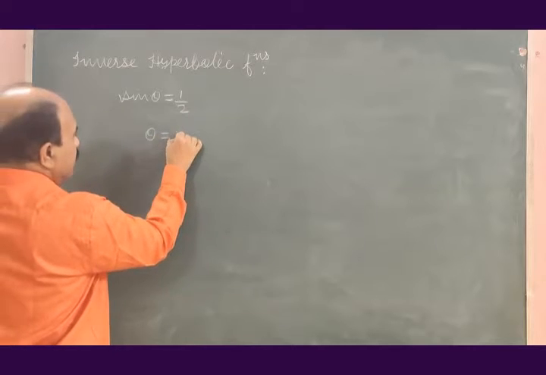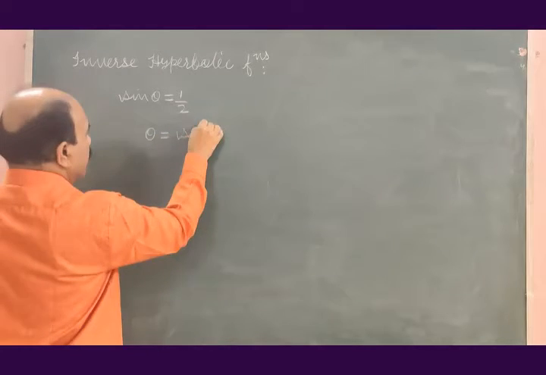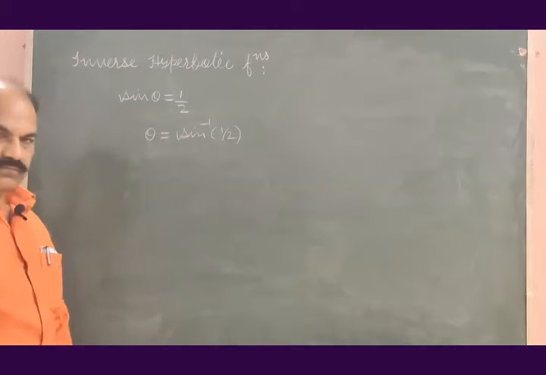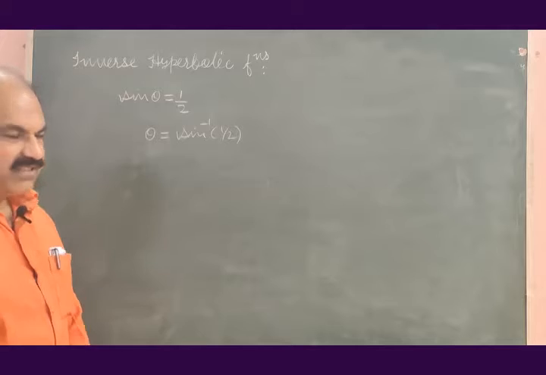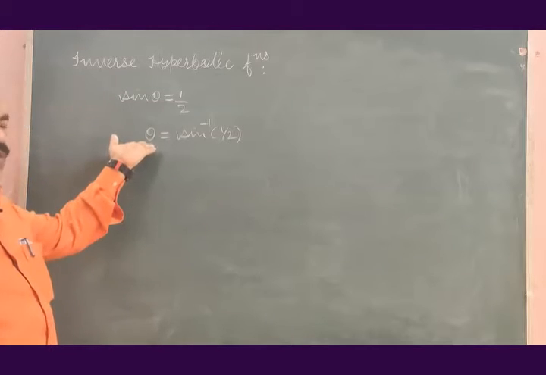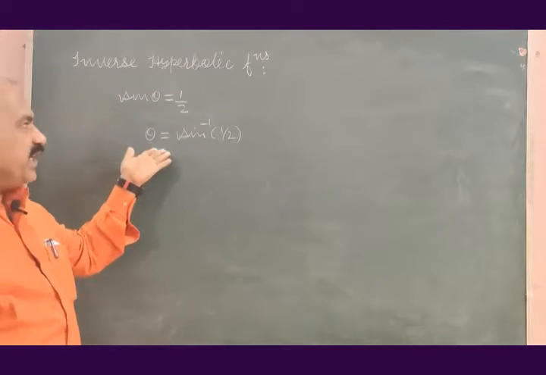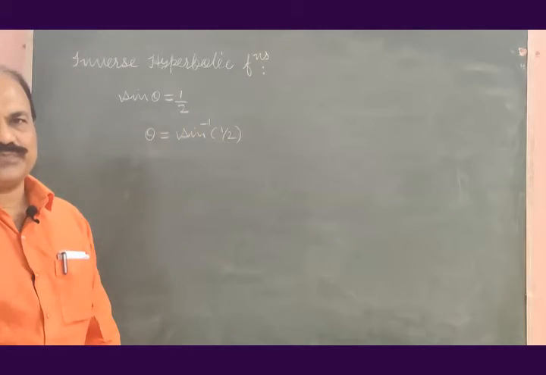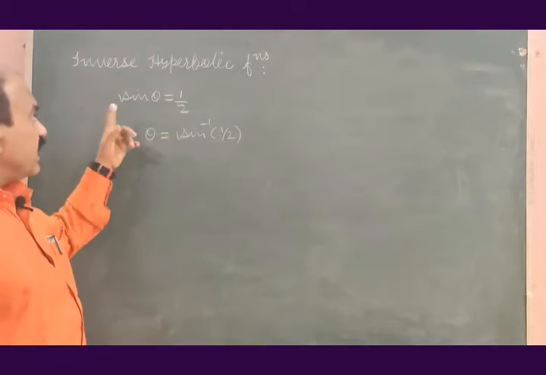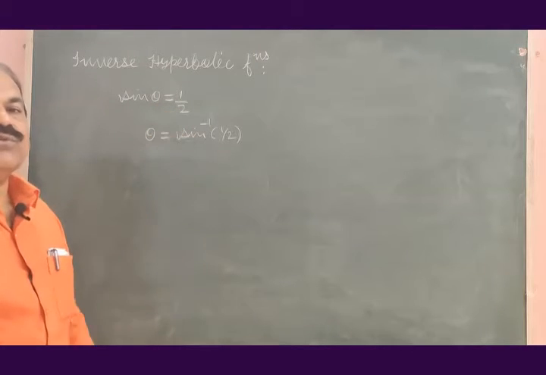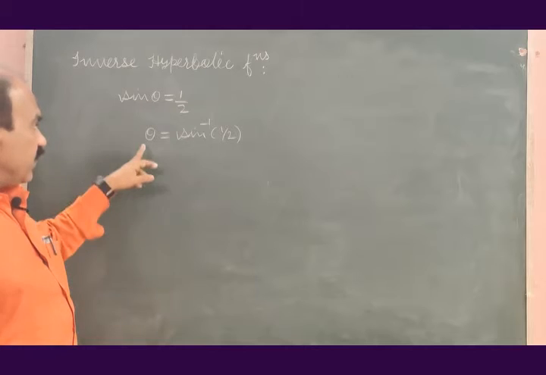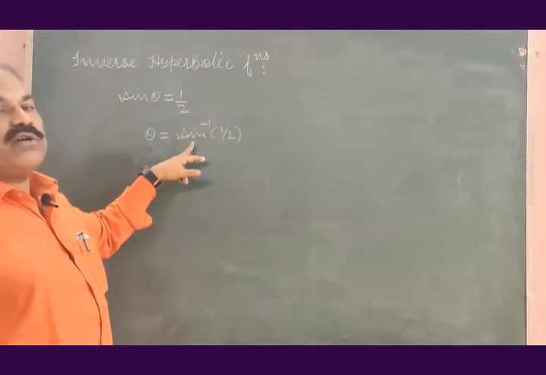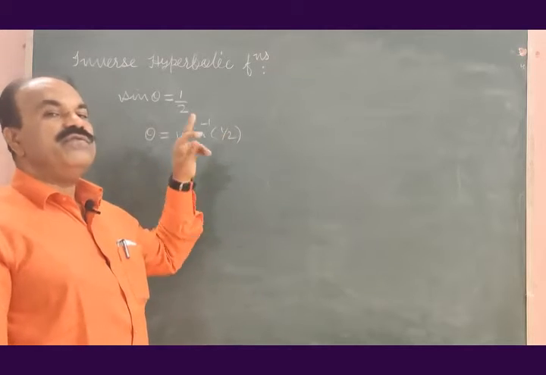Theta is equal to sine inverse of 1 by 2. What does this mean? The argument theta is inverse sine of 1 by 2. We have sine theta is equal to 1 by 2, therefore the argument theta is equal to inverse of sine of 1 by 2.